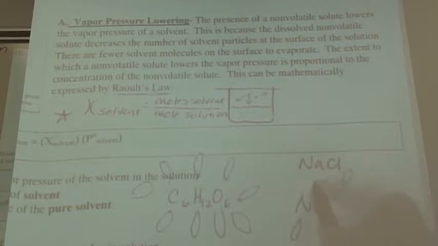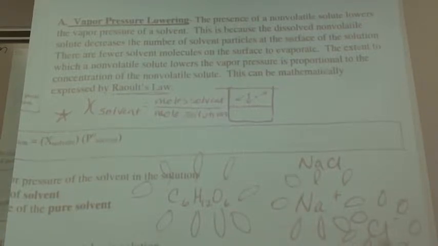On the other hand, if we add NaCl to water, it immediately breaks down into its ions, and the water particles will surround the ions, and that's how it forms a solution. So far, so good? 1 mole of C6H12O6 will not block as many solvent particles as 1 mole of NaCl, because the NaCl breaks into twice as many pieces. Got that part?